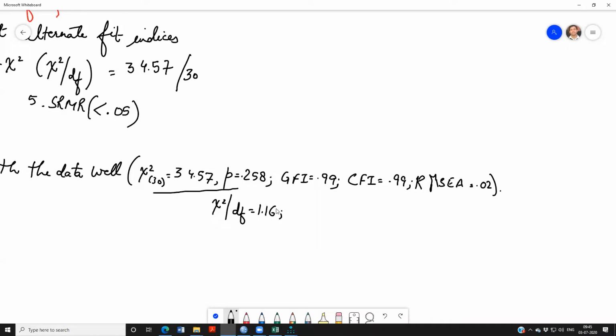You will put it somewhere here: chi-square was this, chi-square by df was this much, and then GFI, CFI, and RMSEA. So a total of about 5 to 6 fit indices are usually reported in papers.